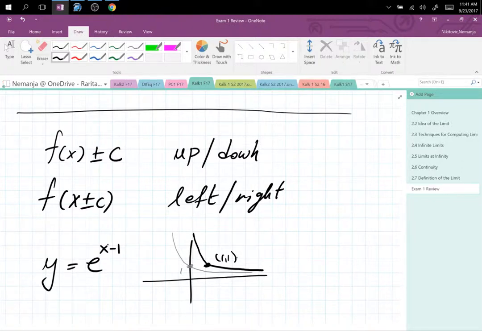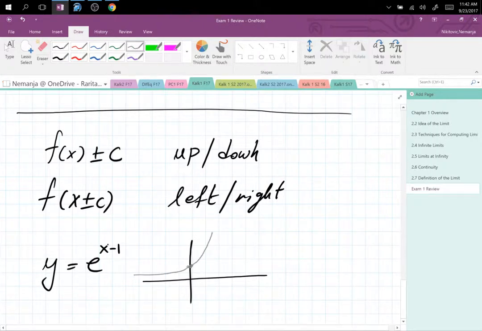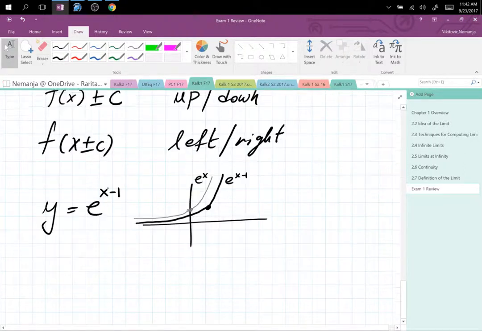Oh yeah, this is negative. Yeah, you're right. This is negative x. So it will look like this. So this one is e to the x, and this one is e to the x minus 1.